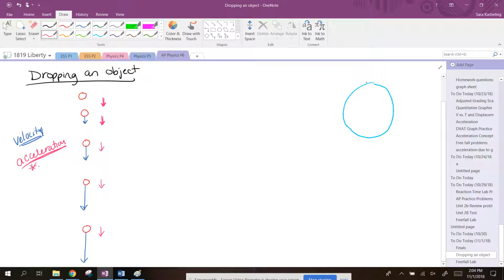I'm going to make a note here, and I would encourage you to do that as well. The acceleration does not change. We're not including any air resistance. And as we do that, the acceleration does not change as that ball falls.